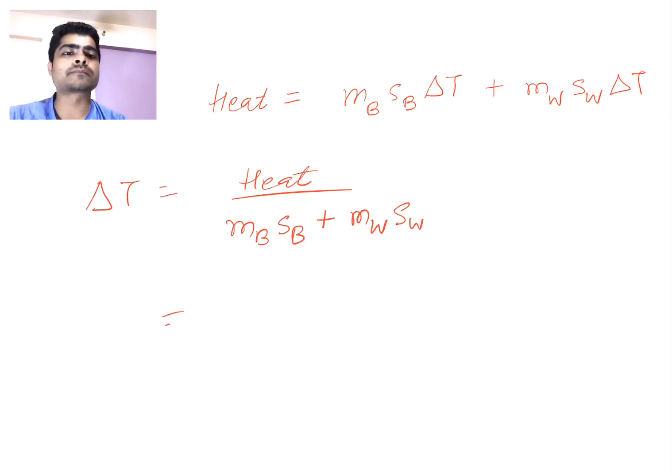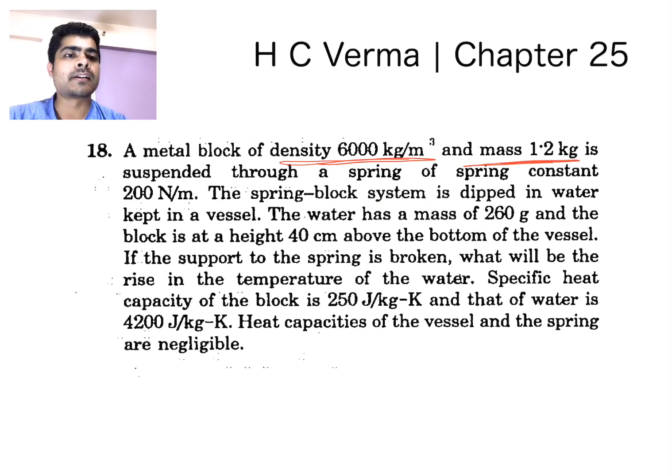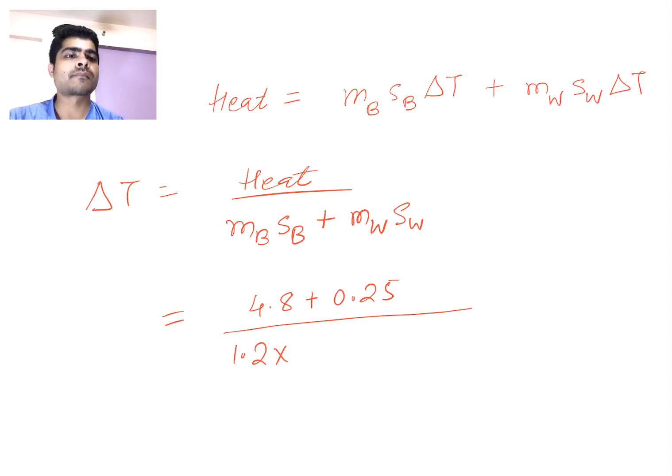So what are the values now? Heat will be 4.8 plus 0.25 divided by mass of the block is given to be 1.2 kg, specific heat of block that is going to be 250 joule per kilogram per Kelvin, and for the water it is 4200.